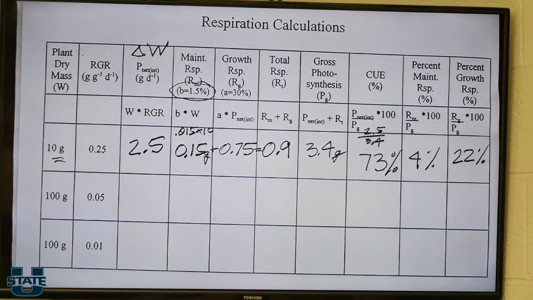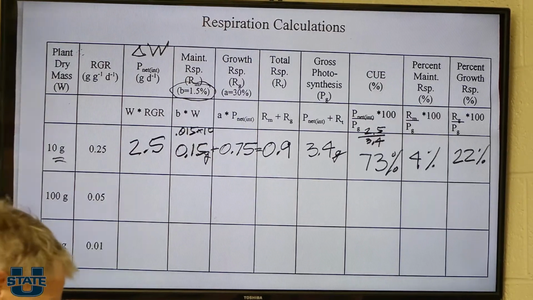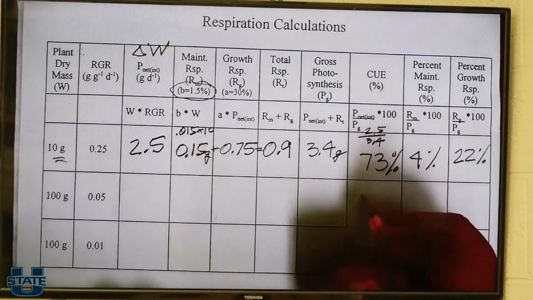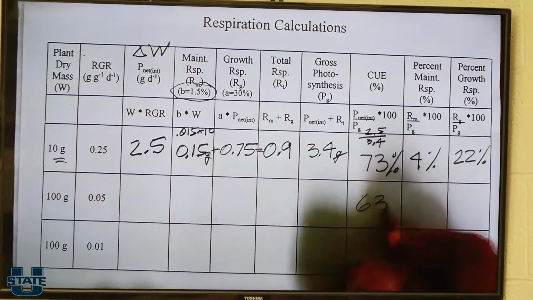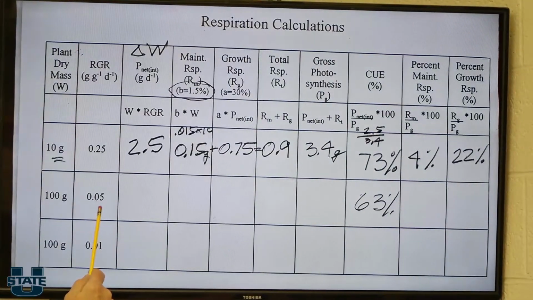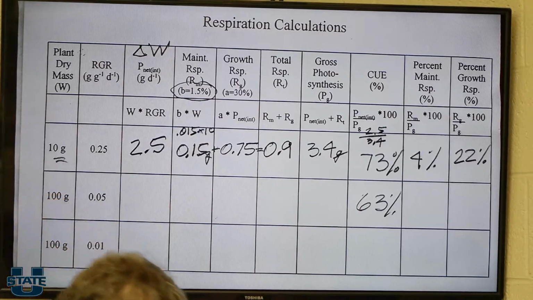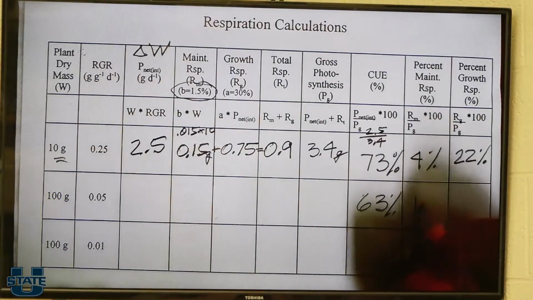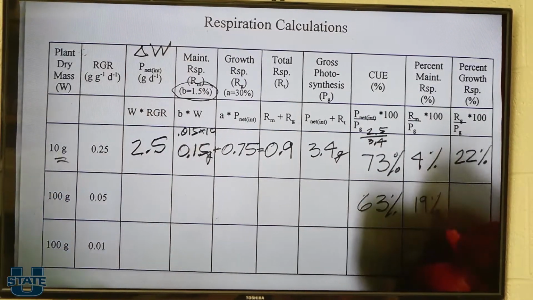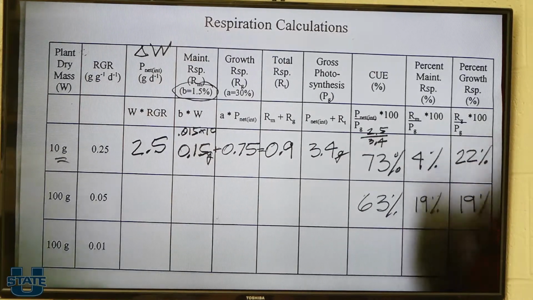Let me tell you how these come out. I worked these out. I'm not going to work them, but this one is going to be less. 63%, 100-gram plant growing at 0.05 growth rate, so it has more maintenance. Now the maintenance in this plant jumps up to 19%, and the growth is also 19%.